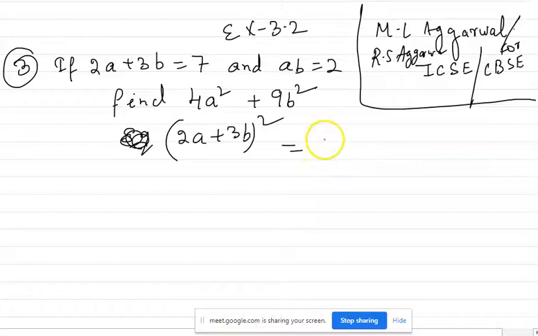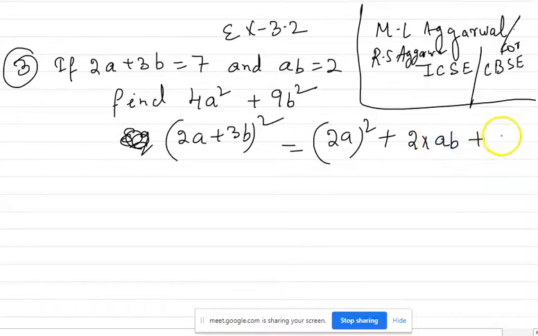So we will write here a square, plus 2ab, plus b square. That is the formula.